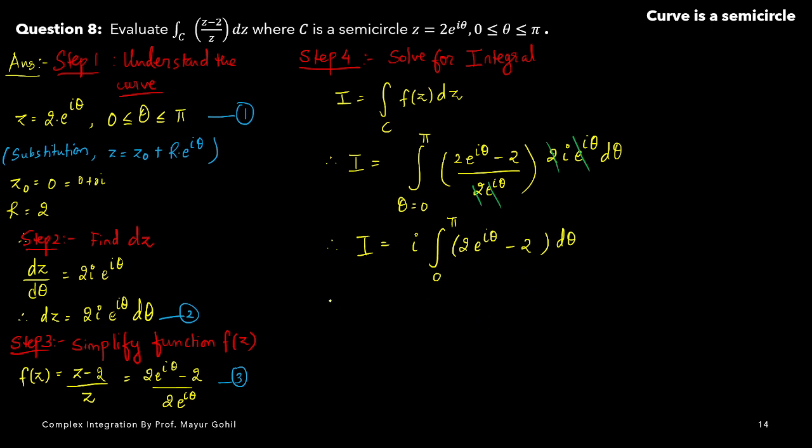So let us see what happens here. i times, now the integration here is 2 times e^(iθ) divided by i, minus 2 times θ.